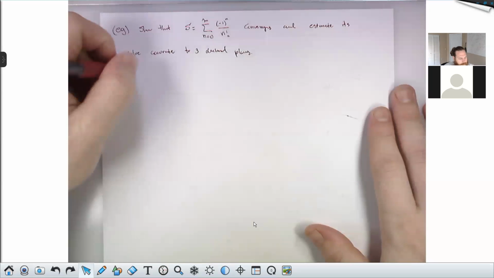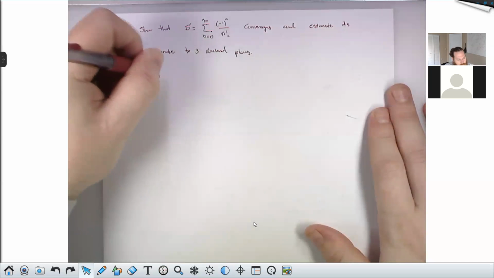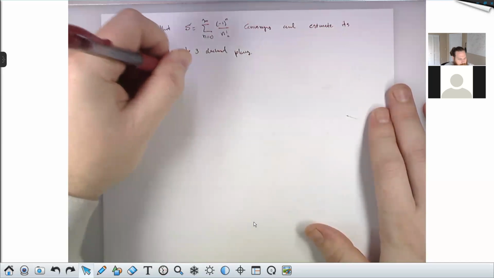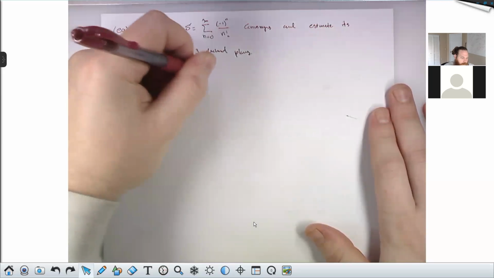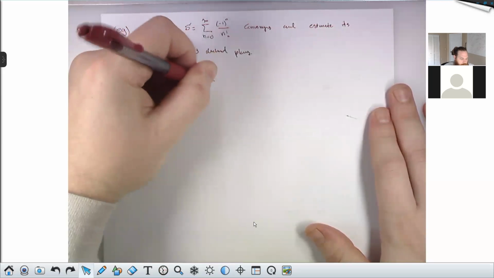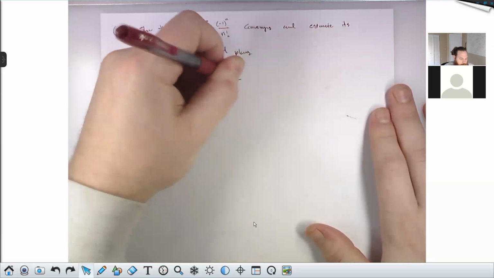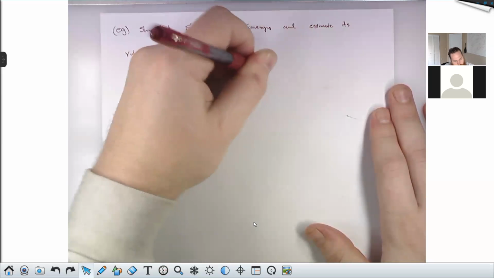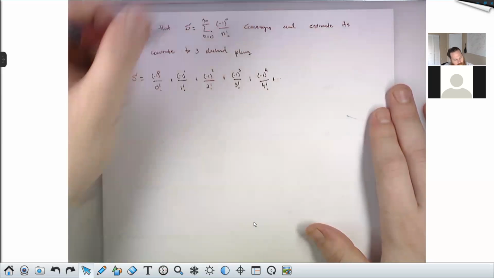First, let's just see what the series S looks like. It's negative 1 to the 0 over 0 factorial plus negative 1 to the 1 over 1 factorial plus negative 1 squared over 2 factorial plus negative 1 cubed over 3 factorial plus negative 1 to the 4 over 4 factorial and so on.